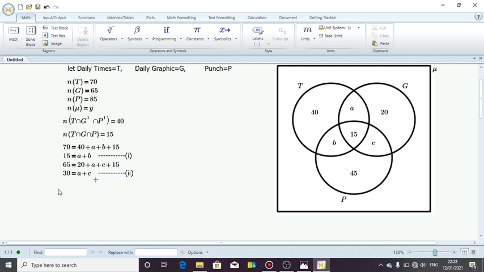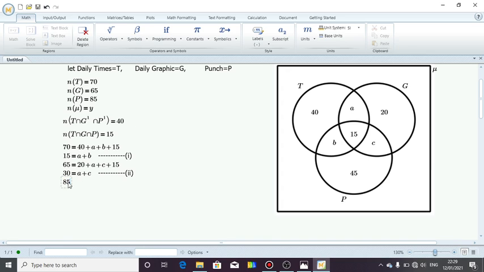Okay, let's move on. The next circle is for punch, and the total for punch in our question, you can see it, is 85. You can see why I said you need to correct that place. If this is 8, then how can you add 15 plus 45 plus B plus C to equal 8? It's not possible. All these values are supposed to be added to give us a total of 85.